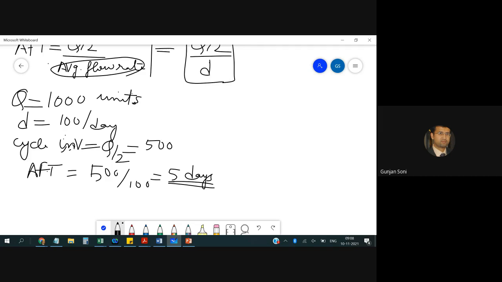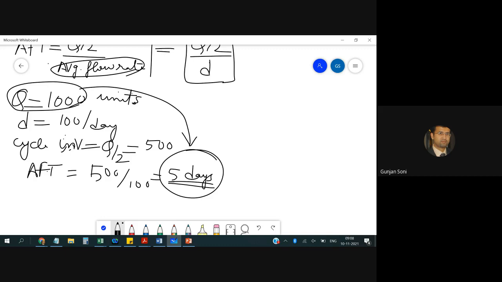Let's say you make it today, so it will be exiting from your supply chain after 5 days. So your cycle inventory is in a way adding 5 days to the time a unit spends in the supply chain, because you are making in lot sizes.